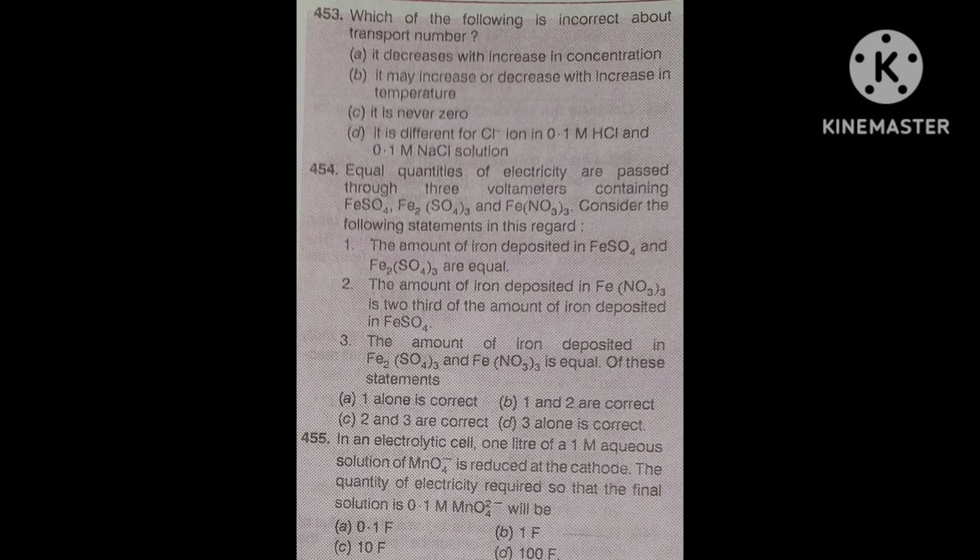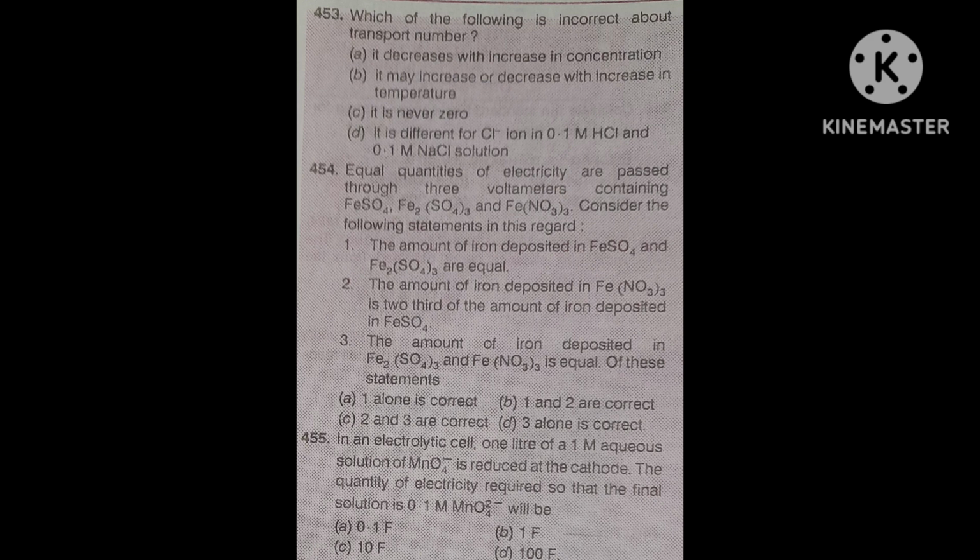Hence second and third are correct. Both reactions you have seen: whenever Fe is in +2 state, then 2 electrons; if +3 state, then 3 electrons. Then the second and third statement, that is the amount of iron deposited in Fe(NO3)3, it means what?